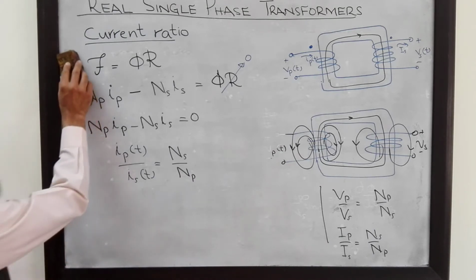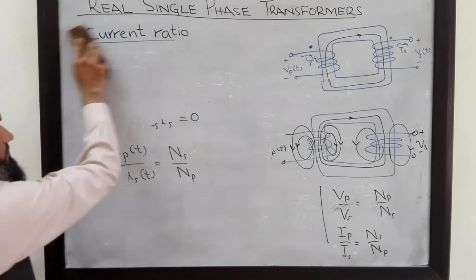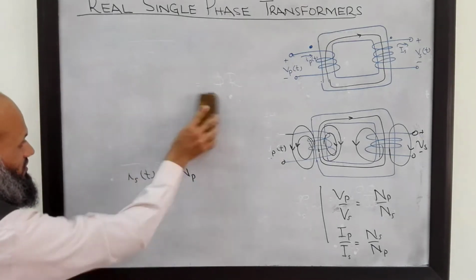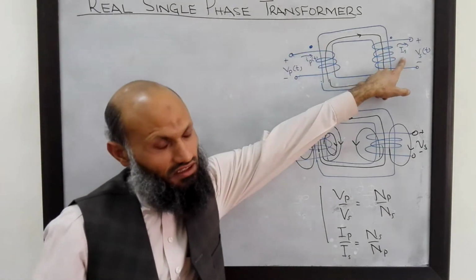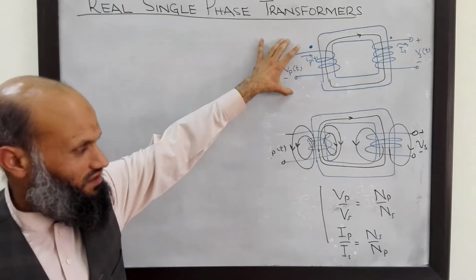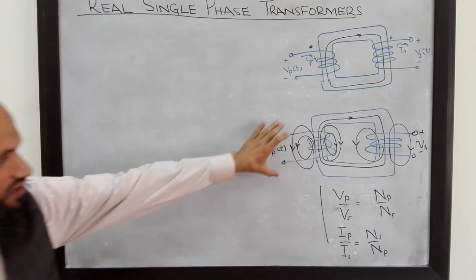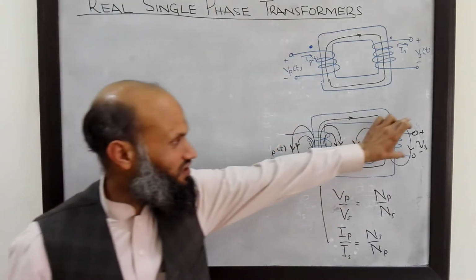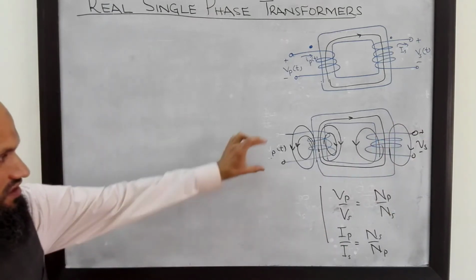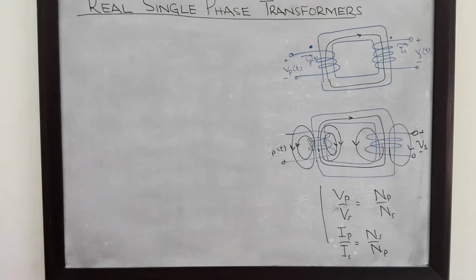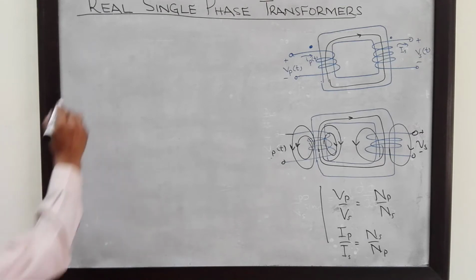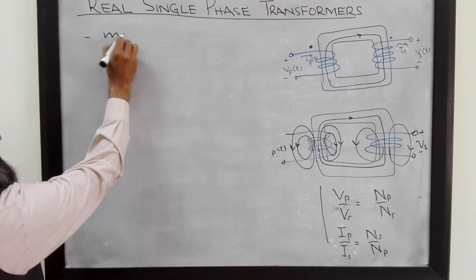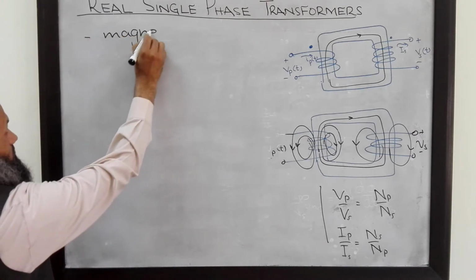So we were talking about differences between an ideal transformer and a real transformer. In an ideal transformer, if there is no secondary current, there will be no primary current. However, what is observed for a real transformer is that even if the secondary is open circuited, some small current flows on the primary side. This current consists of three ingredients. Firstly, the magnetization current, which we are going to talk about just now.